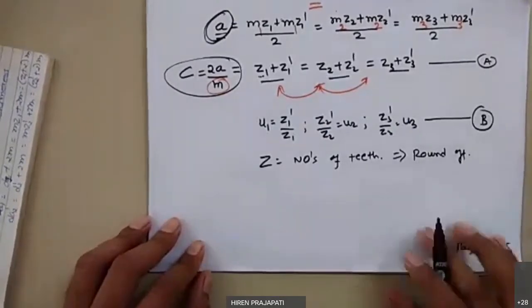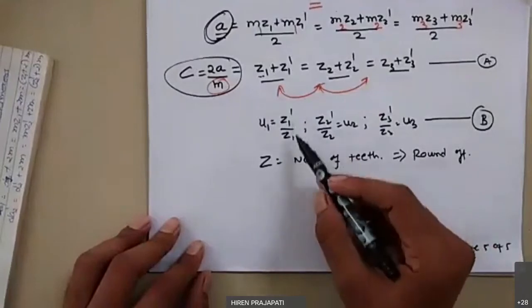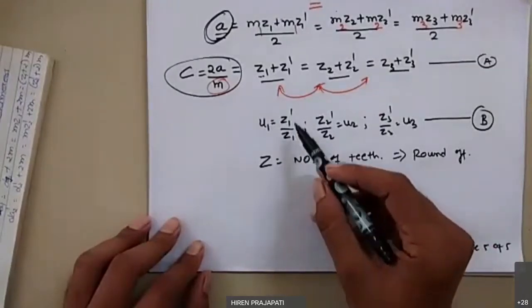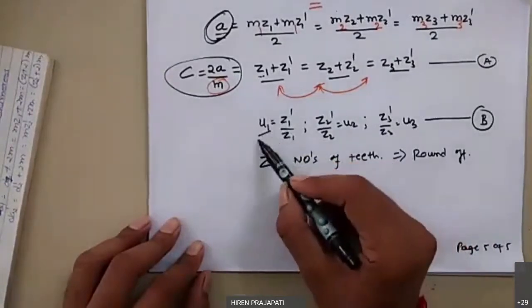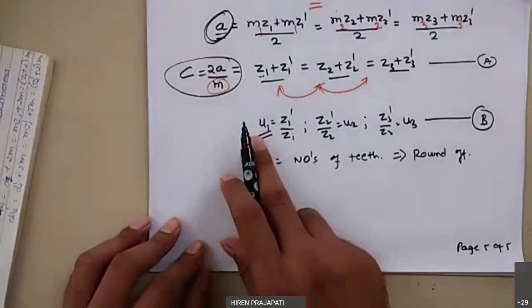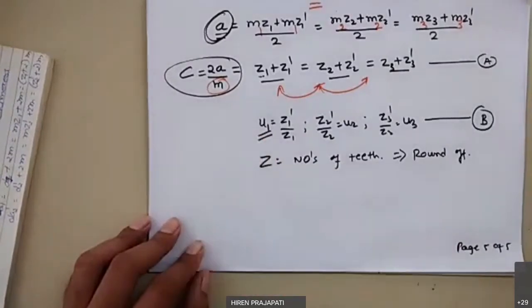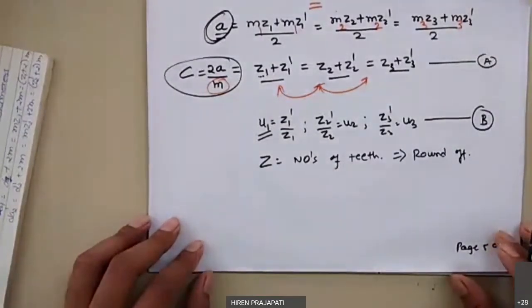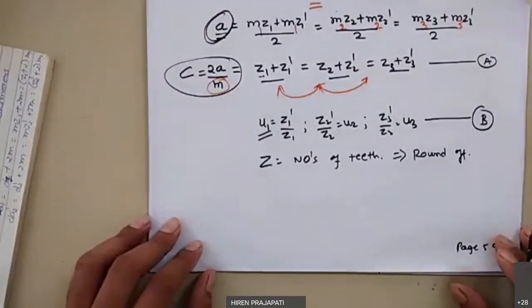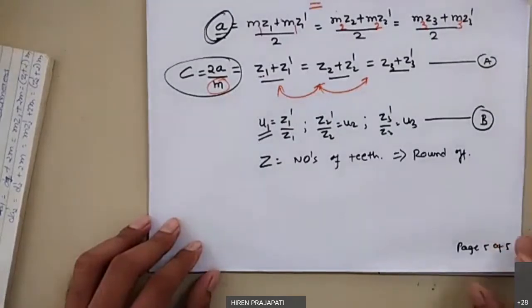Now, if you do round off for Z1 dash and Z1, which were in fraction, and then find the ratio, what happens? Your U1 value will change, or the gear ratio will change. If the gear ratio changes, then the speed available from the gears will change. So this is the issue. It is difficult or rather impossible to get the design RPM practically, right?